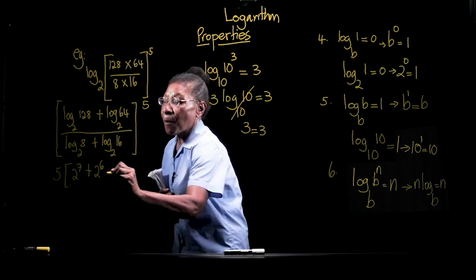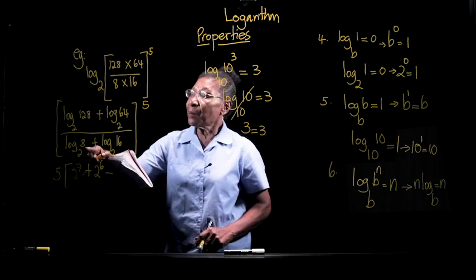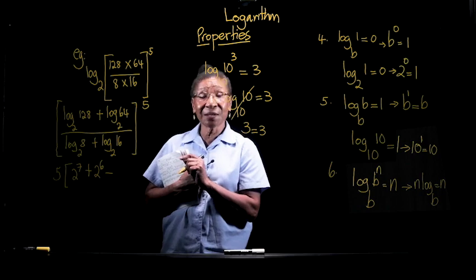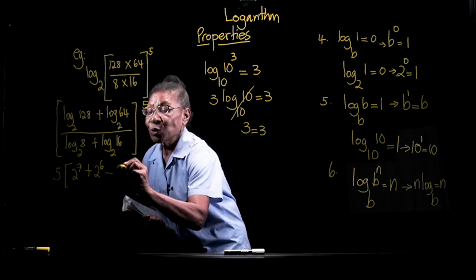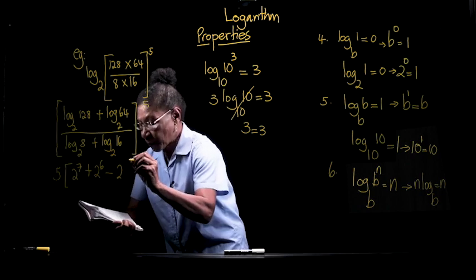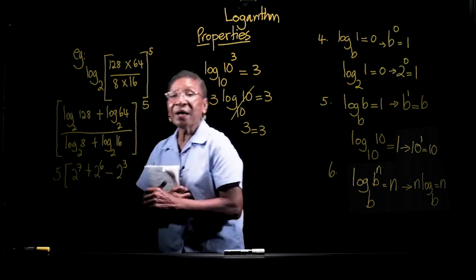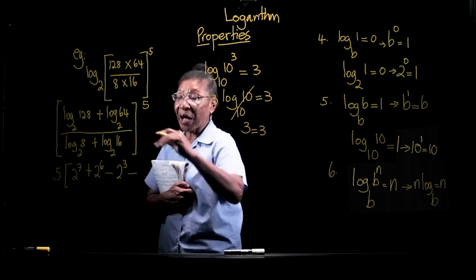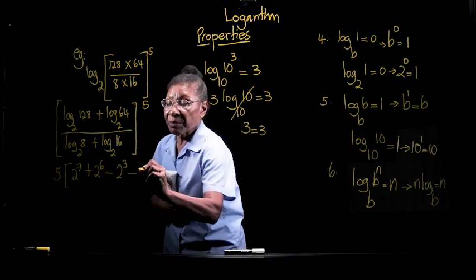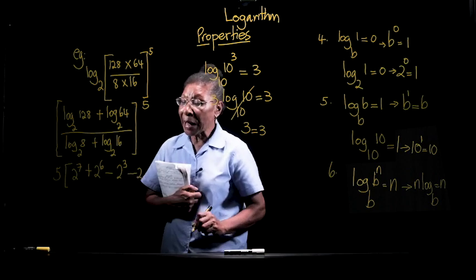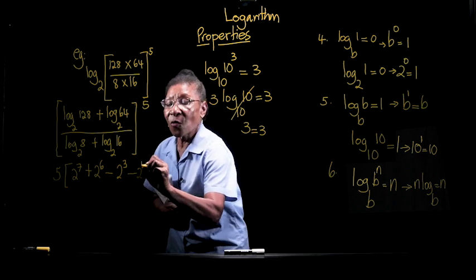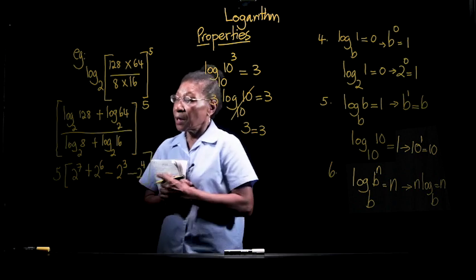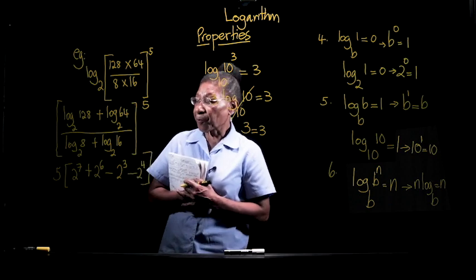So that gives us 2 minus, how many times can we multiply 2 by itself to give us 8? The answer is 2 to the power of 3. And that would give us minus, again because we're dividing, 16 base 2, you multiply 2 by itself 4 times, and it gives you 16.